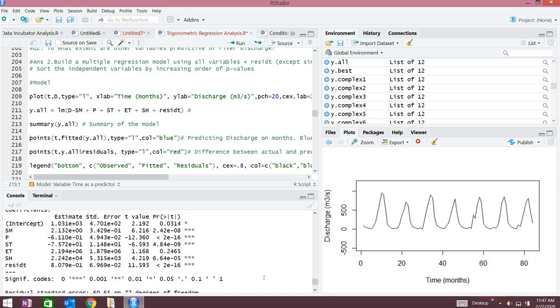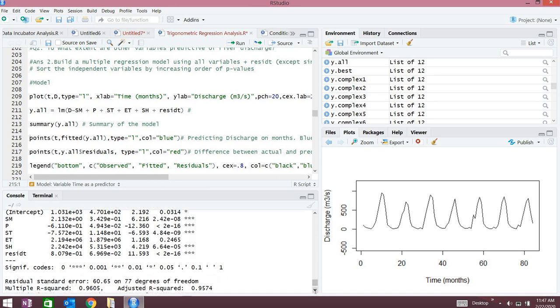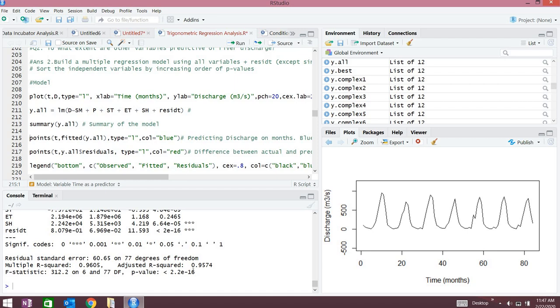So the R square is 95.74%, and the p-value is statistically significant.